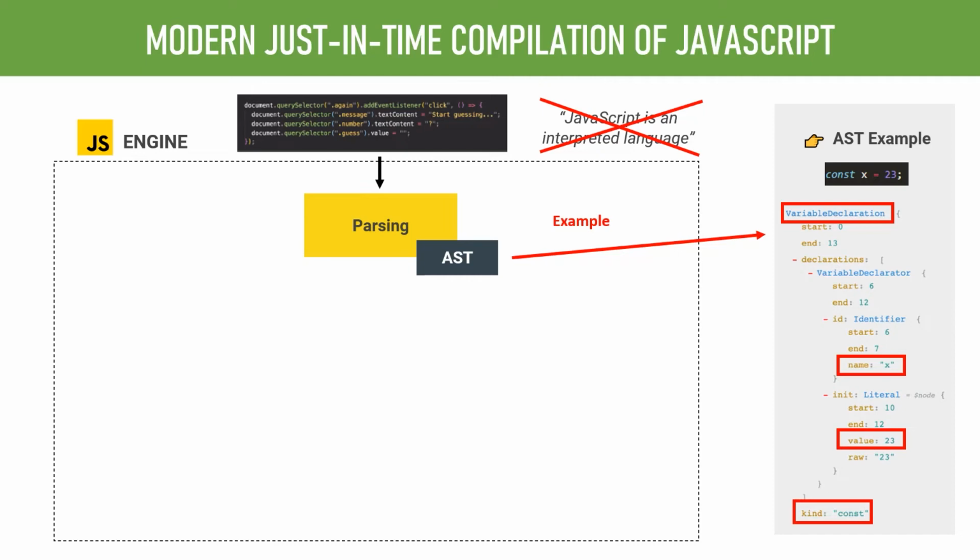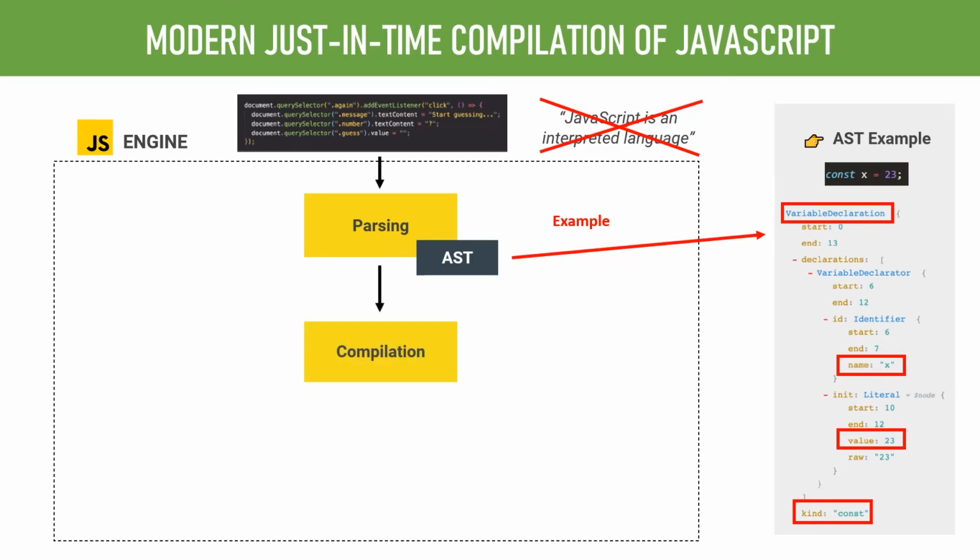And of course, you don't need to know what an AST looks like. This is just for curiosity, okay? Now, sometimes I get asked if this tree has anything to do with the DOM tree, and the answer is very clear: no. So this tree has absolutely nothing to do with the DOM. It is not related in any way. It is just a representation of our entire code inside the engine. Okay?